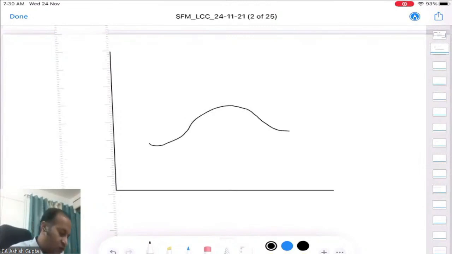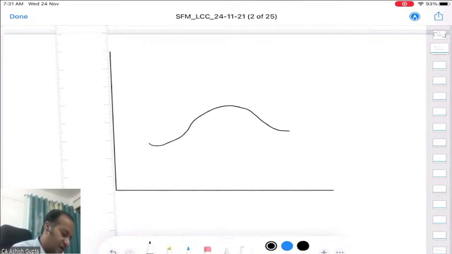Here there is no clarity on the economic situation, how it will prevail. It is a kind of uncertainty in the economy.